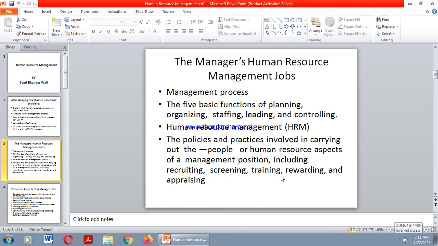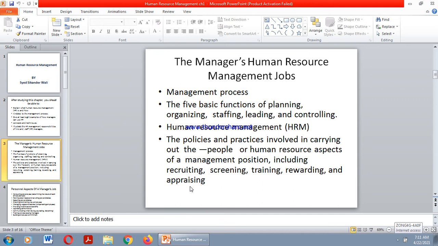When you select them, you give them basic training so that they can know your organizations in its objectives, in its culture, environment, the do's and don'ts, so that to make them comfortable with the organization in its different people culture. Rewarding, how you will reward them.